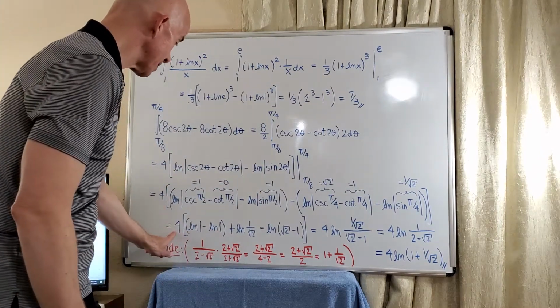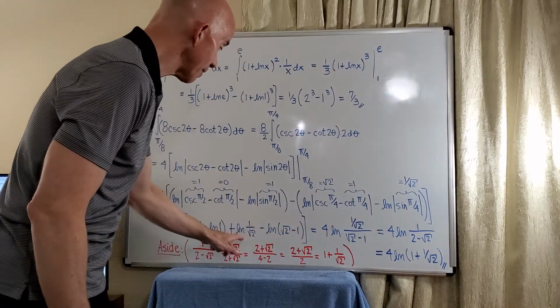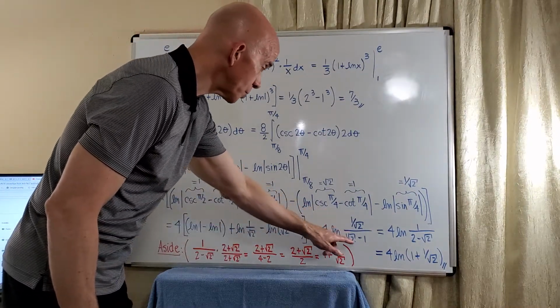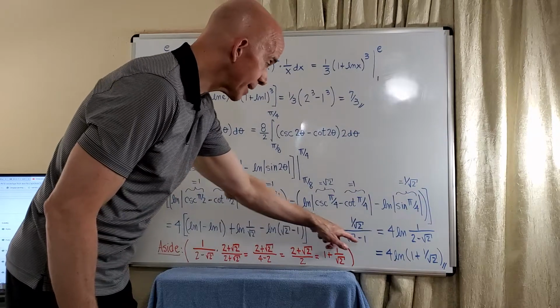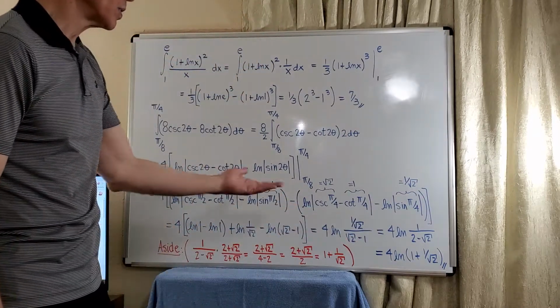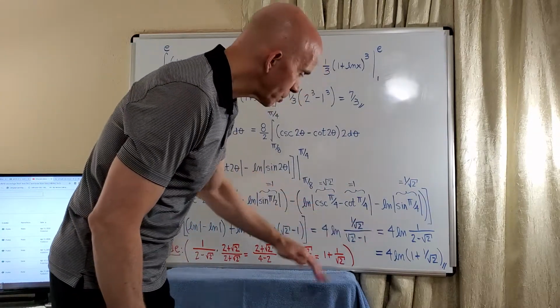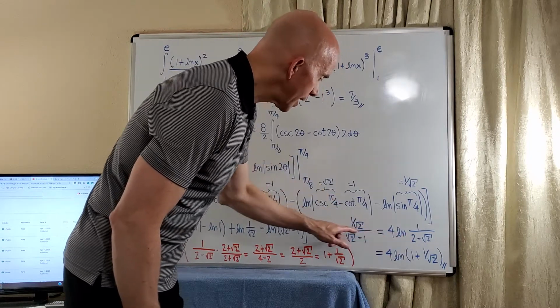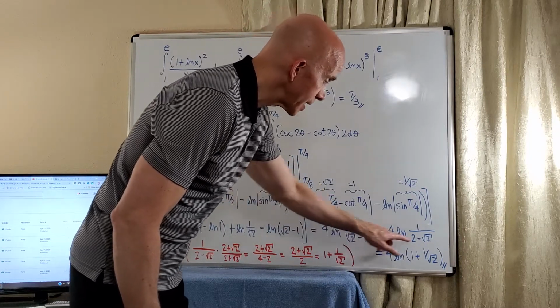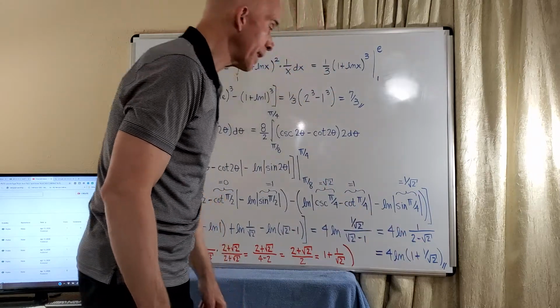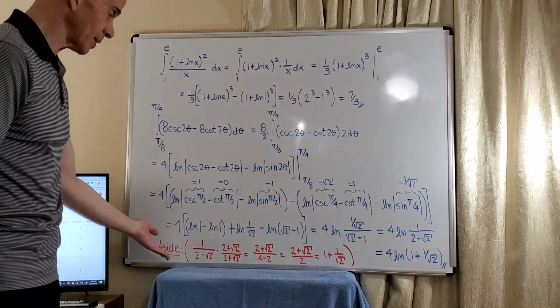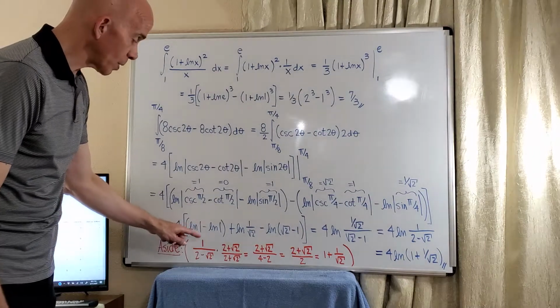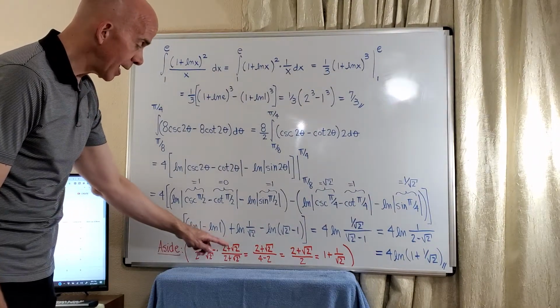So this gives us the 4, and then we have ln of 1 over root 2 divided by root 2 minus 1. Now, when you look at this, if you just bring the root 2 downstairs, you get root 2 times root 2, which is 2. And then, of course, root 2 times the negative 1 is negative root 2. Now, I did a little side calculation here. I took the argument of 1 over 2 minus root 2 and conjugated.